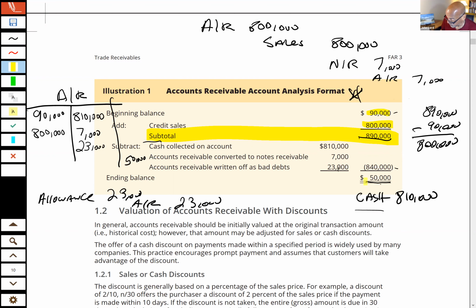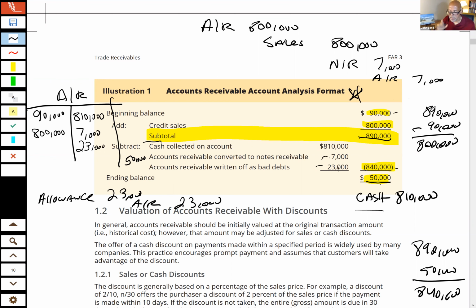How did they end up with 50? Again, I do my little side calculation, 890 minus the 50,000 ending balance means they had 840 of subtracts. And then they could even tell me these parts and I'd have to back into the 810. But the account analysis format allows you to systematically and quickly do these calculations.